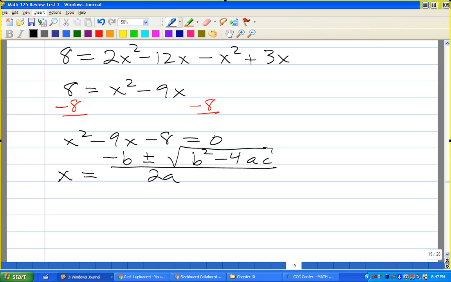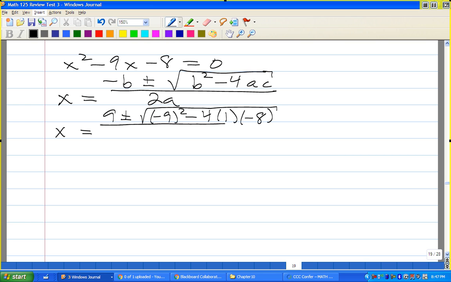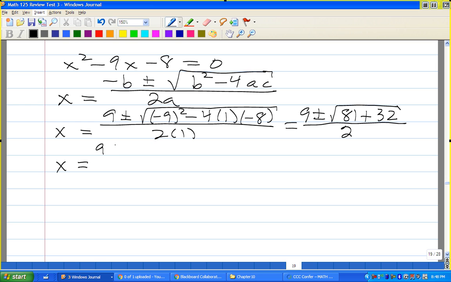And so 9 plus or minus the square root of 81 plus 32 over 2. So x is equal to 9 plus or minus the square root of 113 over 2.